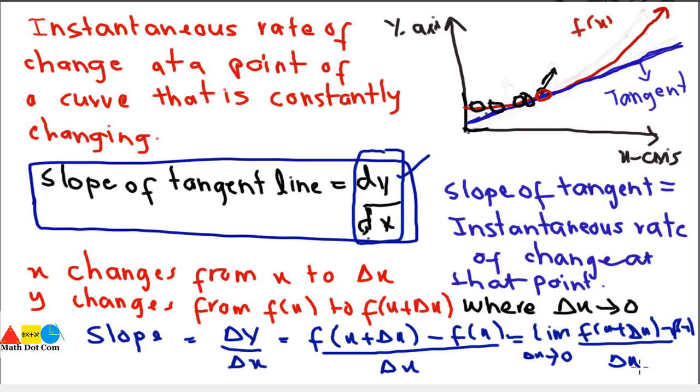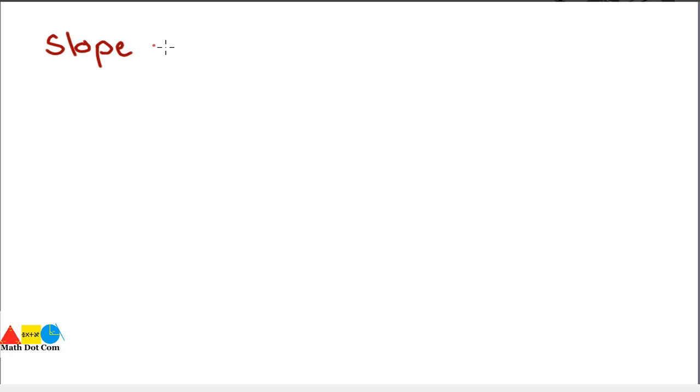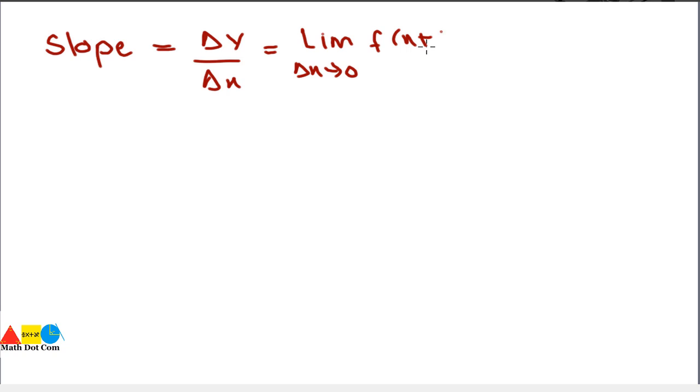Now this is basically the slope of the tangent line. So we can also write it as slope is equal to delta y over delta x, that is equal to limit of delta x approaches 0 of f of x plus delta x minus f of x divided by delta x.